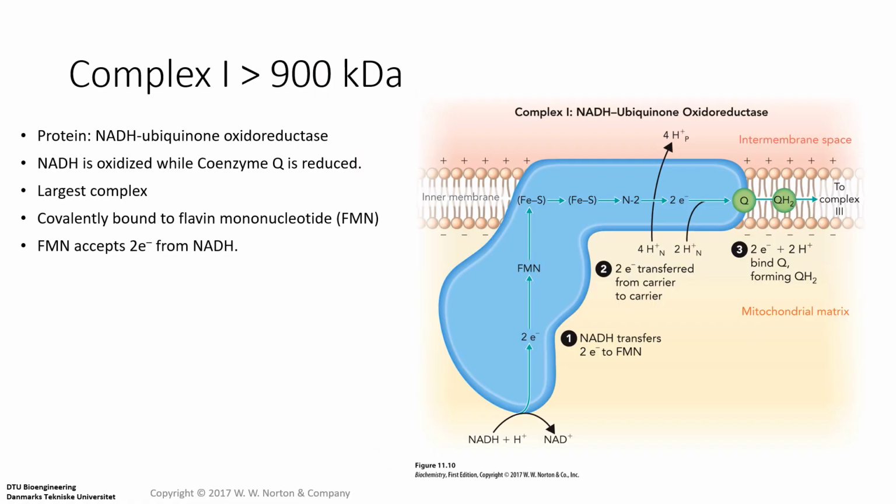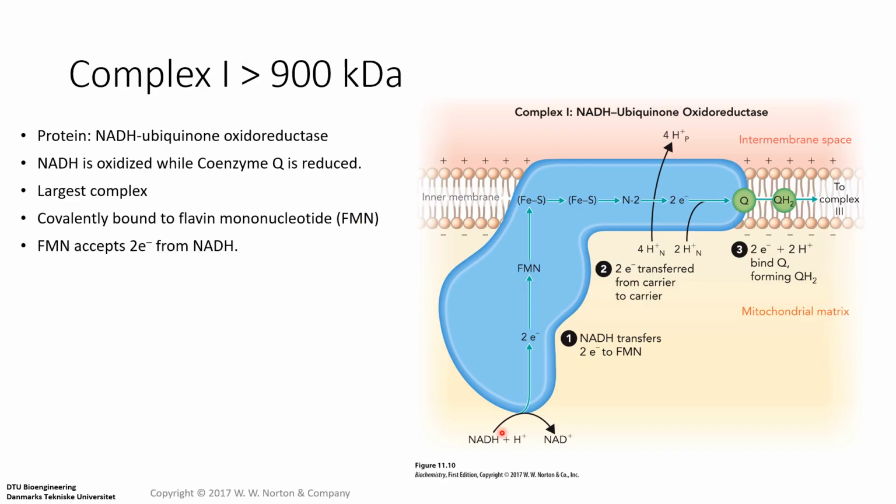So complex 1. What is the size of complex 1? That's a bit different from organism to organism, around 900 plus, as I said, for most eukaryotic cells. It's an oxidoreductase.